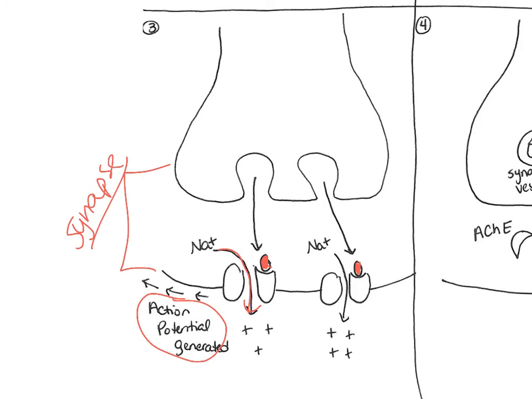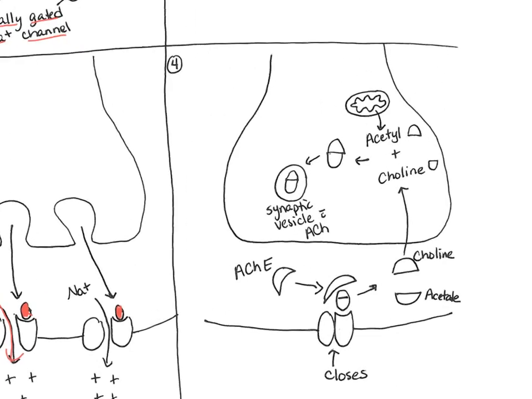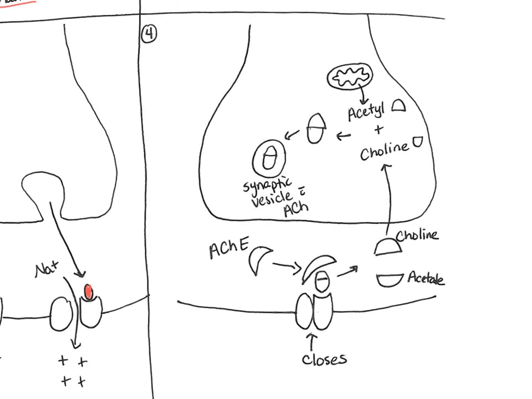But if this postsynaptic cell is another neuron, then we're just going to have an action potential occur at the axon hillock, and then it'll be passed down the axon. We have to end this process, though. And by ending the process, we'll then end the lecture.